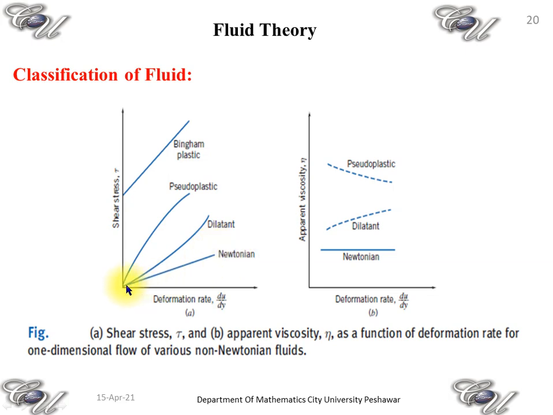Also, some fluids are here. Look at those fluids which are not linear. We have divided these into dilatant fluids, pseudoplastic fluids, and the very special Bingham plastic fluid. Remember those fluids which lie on this line.